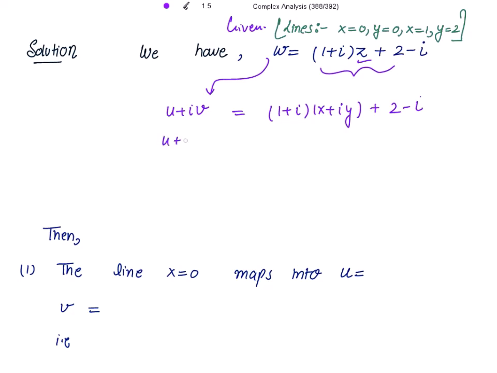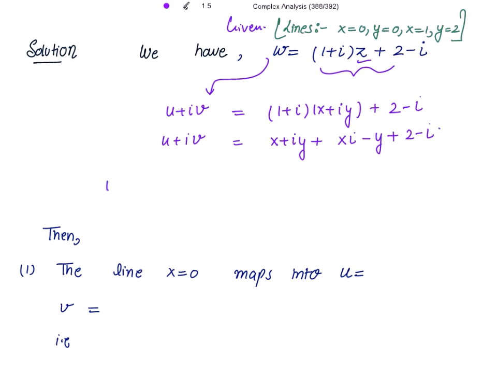So from here I get u + iv on the left, and on the right hand side this is equal to x + iy + ix + i squared y, which becomes minus y, because i squared is negative 1, plus 2 - i, right?